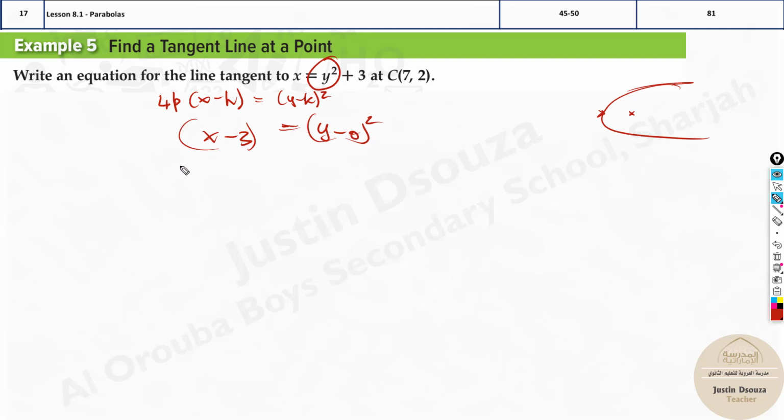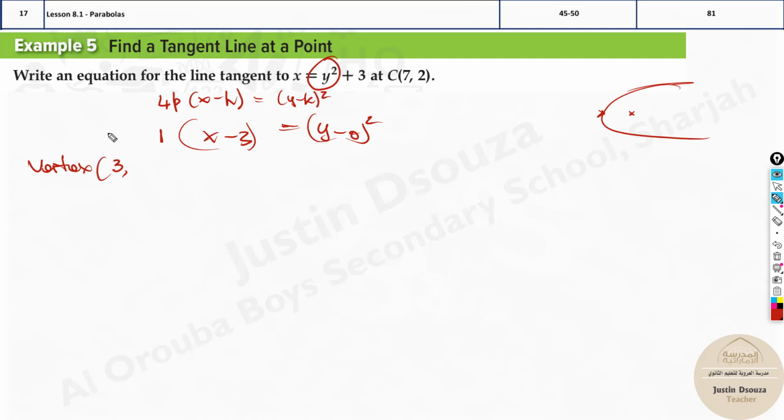Now then, next over here, see, 4p is supposed to be over here. Is there any number here? Nothing, right? So that means it's 1. Okay. So now look over here, we'll write the vertex. What is the vertex value? It's 3. See, remember the standard form is x minus h. So as long as there is x minus 3, the x value for the vertex is just 3.